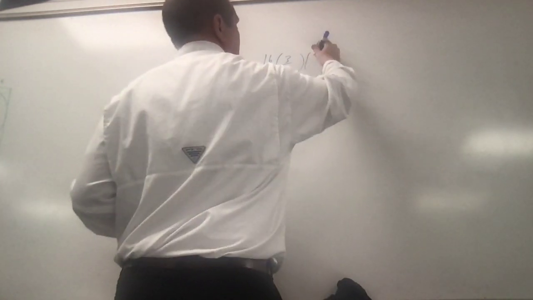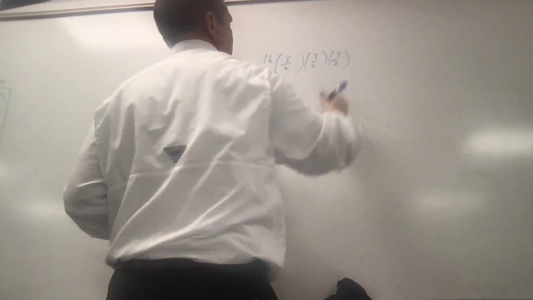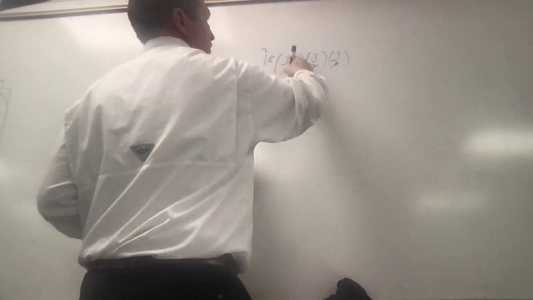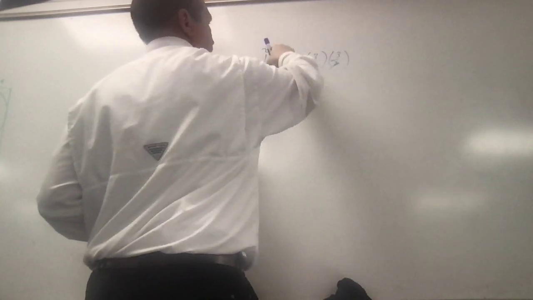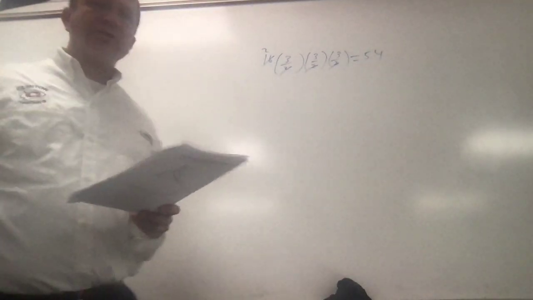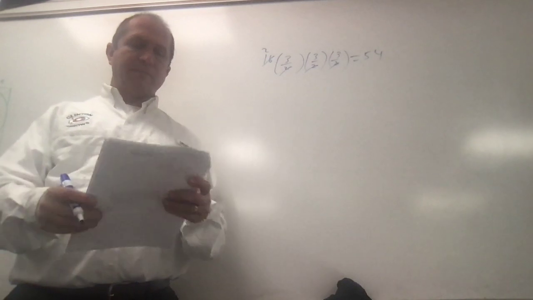And we take that and multiply it by 3/2 for the second child, and we do that by 3/2 for the third child. The 2 and 2 is 8, 16 is 2. We have 3, 9 is 27, 27 and 2 is 54. So the mother started off with 54 sugar babies.